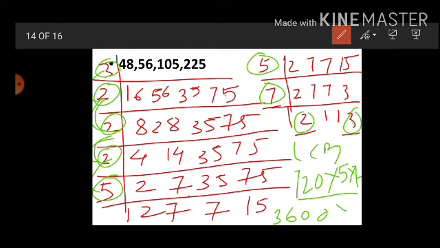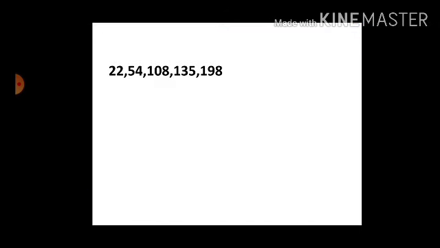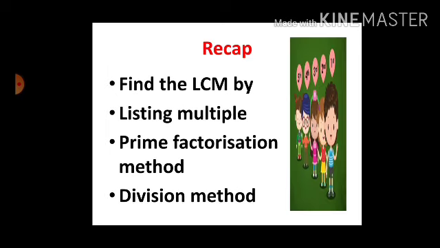So 3600 multiplied by 7, the answer is 25200. Now the next example is 2254. You solve this example students.